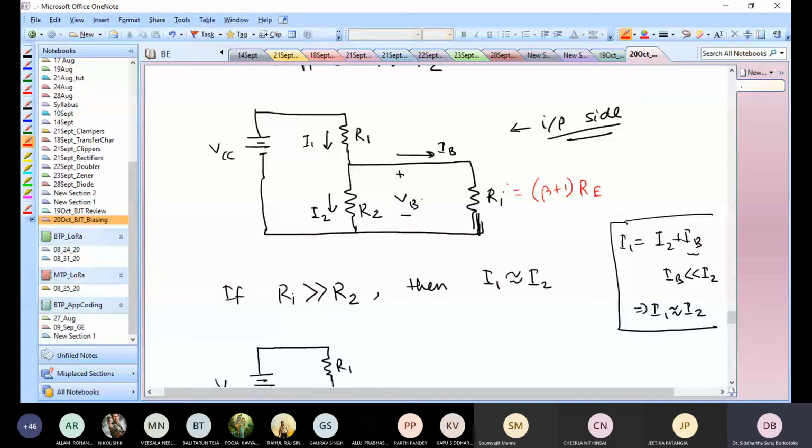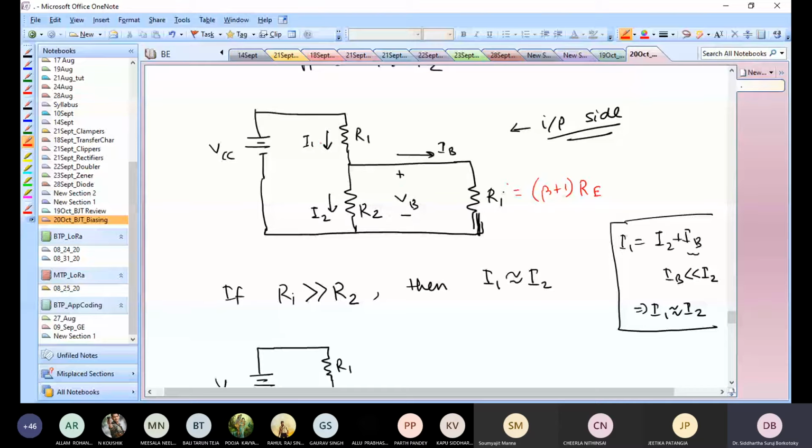Why? Because we have this current I1 coming in this way. When it reaches this point, it has two ways to go, either this way or this way. In this direction, it is having a very high resistance. Current always tends to follow the lower resistance path, so the higher the resistance, the less current will flow through that branch.